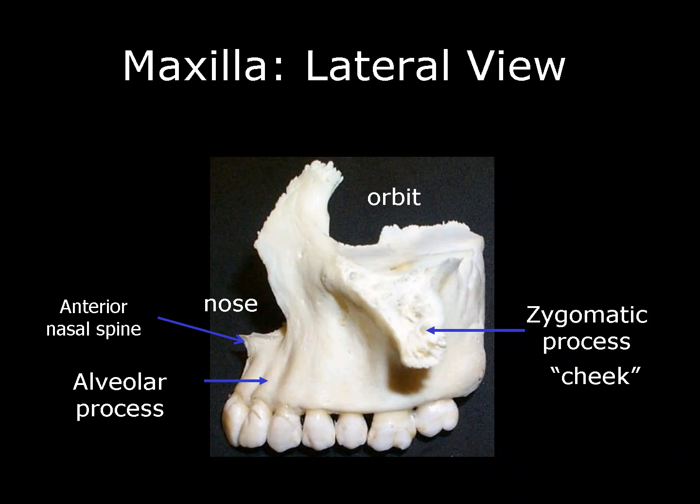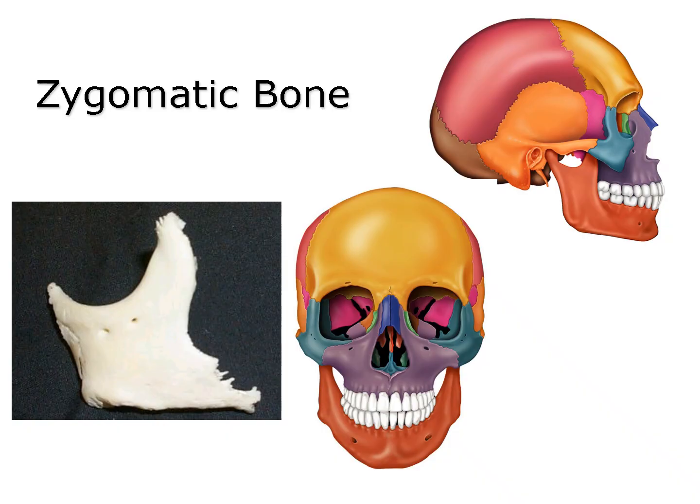This is a picture of the lateral view of the maxilla. Notice the anterior nasal spine, the alveolar process, and the zygomatic process of the maxilla. Zygoma means cheekbone, and so the zygomatic bones comprise the cheeks. They also form the lateral wall and floor of each orbit.